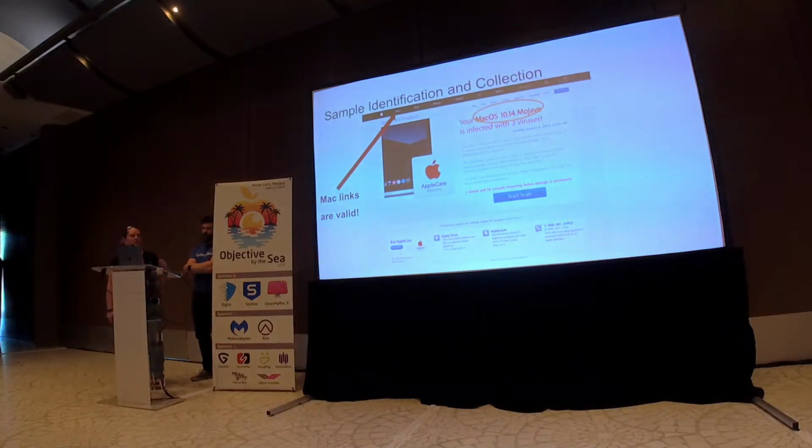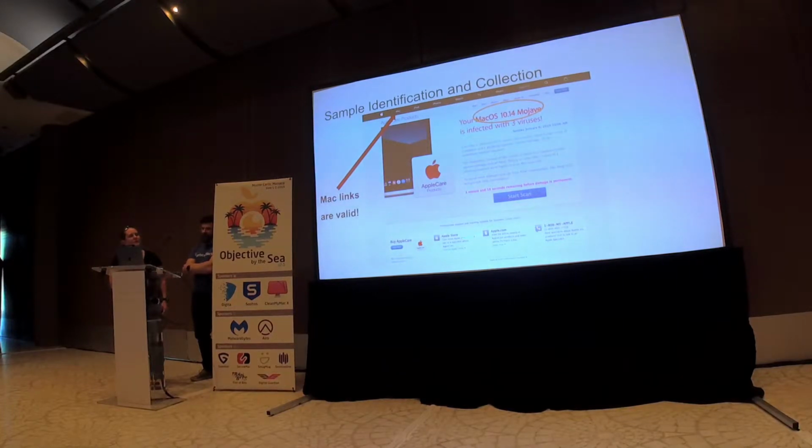I just want to give a couple of quick examples of some of these sites. This one I liked because it's a very good example of social engineering. You can see that it gives the user their actual version of Mac. So it detected that my system was running Mojave, and so it puts it up there. This section right here is the only part of this page that is not legitimate.